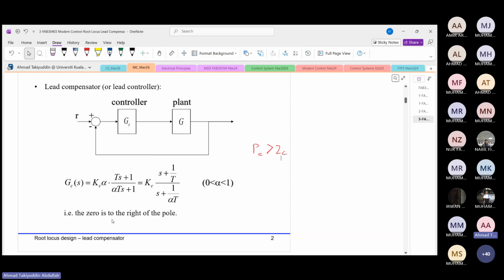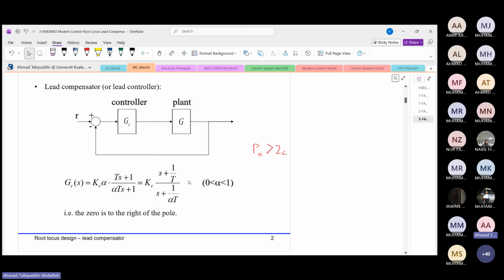As we consider the Pc to be greater than Zc, definitely the zero is going to be to the right of the pole. So the value of the zero, Zc, for the compensator will be less compared to the Pc.